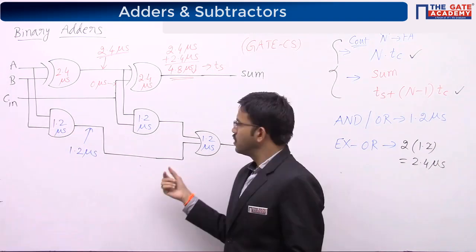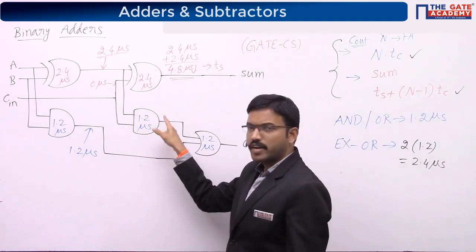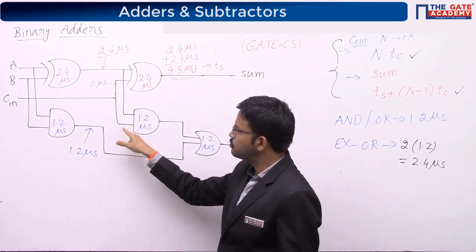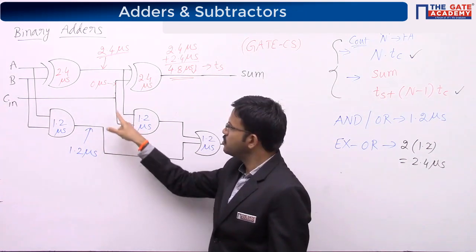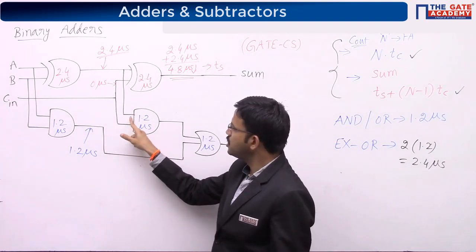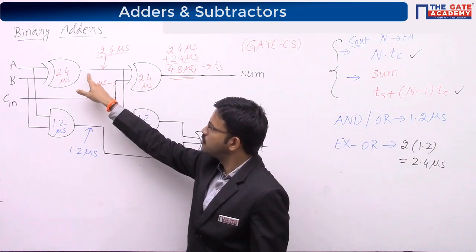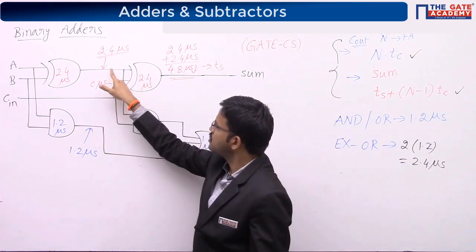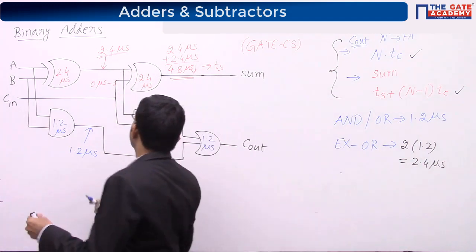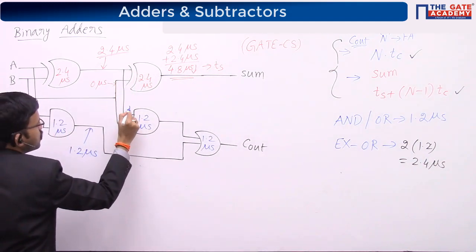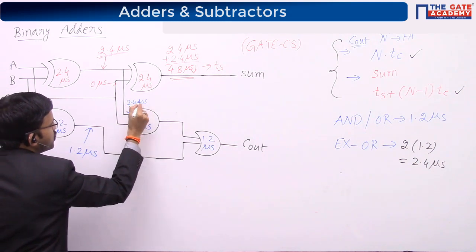1.2 microsecond. See here, this particular AND gate has two inputs, among which one input is the direct input, 0 microsecond only. The other input is the output of this exclusive OR gate, which is coming at 2.4 microseconds. So I have to consider the same amount of time, this 2.4 microsecond.